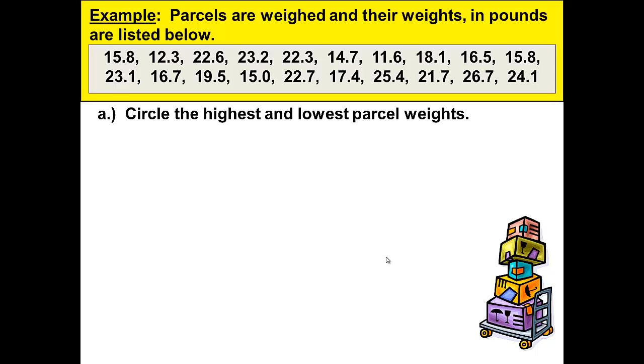In our set of weights, the highest weight or heaviest weight is 26.7 pounds, which can also be called the maximum number of our data set. The lowest weight is 11.6 pounds, which is the minimum number of our data set.